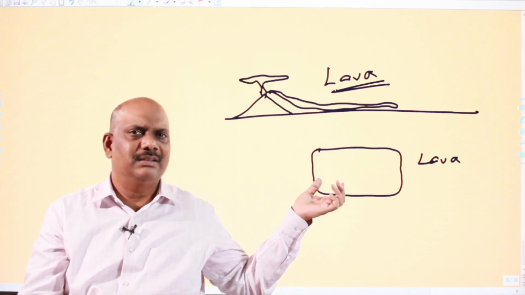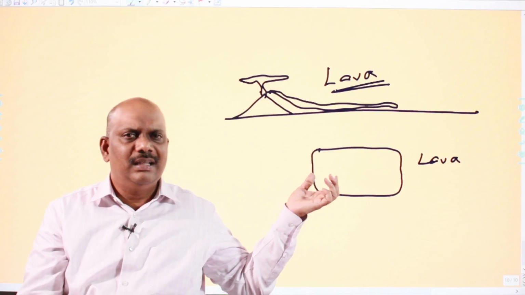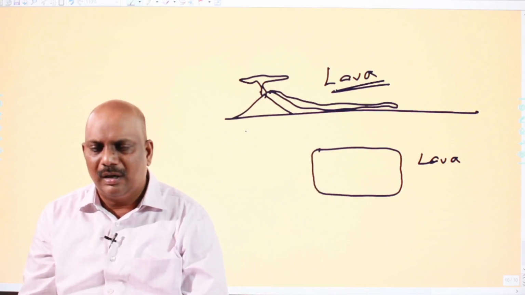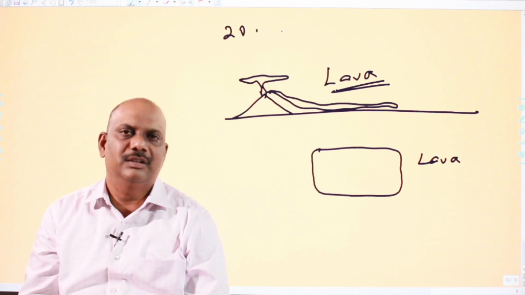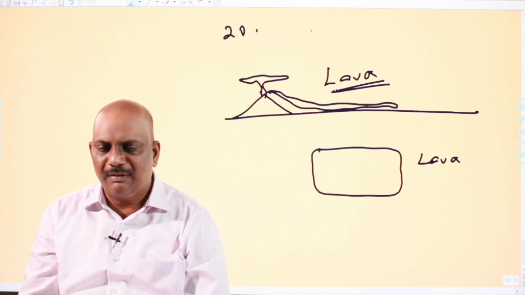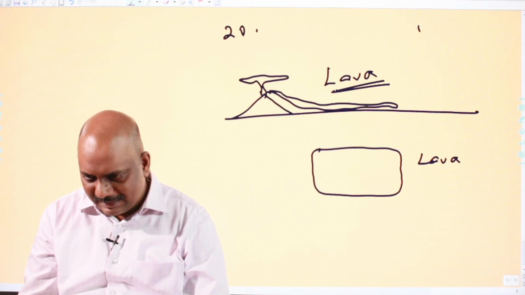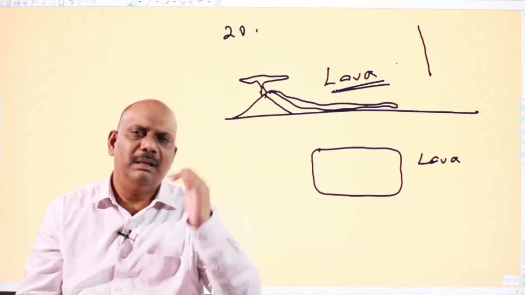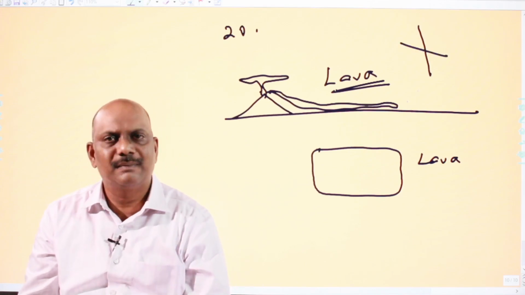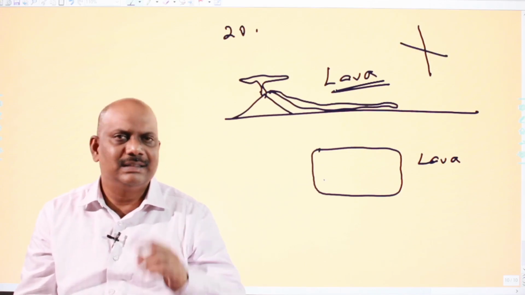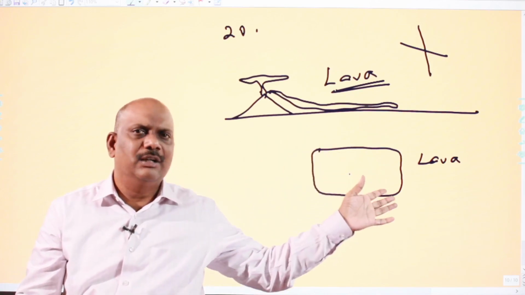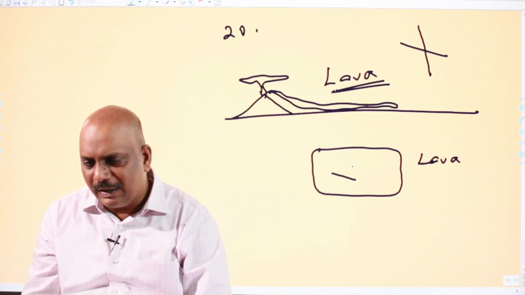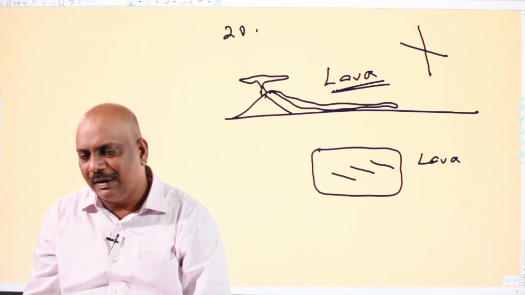Magnetic materials. And these materials will be oriented. Suppose it happened some 20 million years ago. And suppose the magnetic field is like this now, and 20 million years ago the magnetic field was like this. Then when this lava is still in a liquid state, these magnetic particles will orient towards the then Earth's magnetic field.